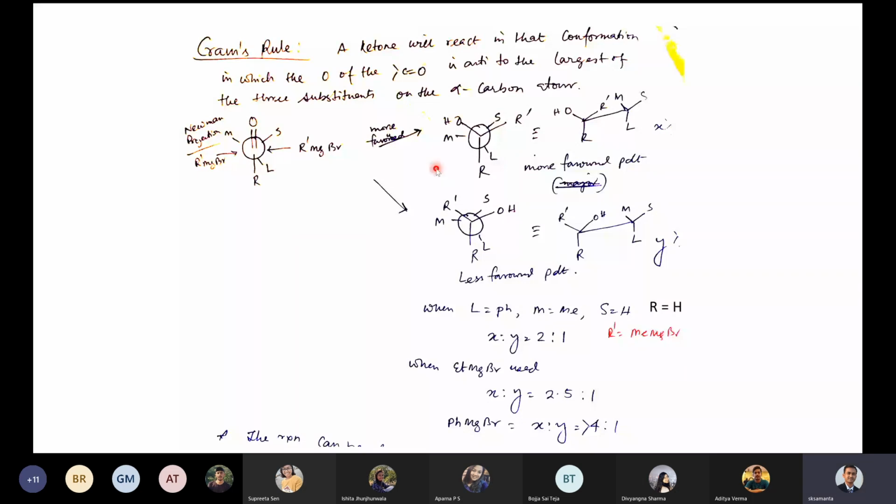You have to draw this projection formula correctly, otherwise I will not give you marks. This is the Newman projection formula, where these bonds come from the front carbon. This and this are the same molecule. This is the Sawhorse projection formula, this is the Newman projection formula. So in this case, let's say this is your front carbon.